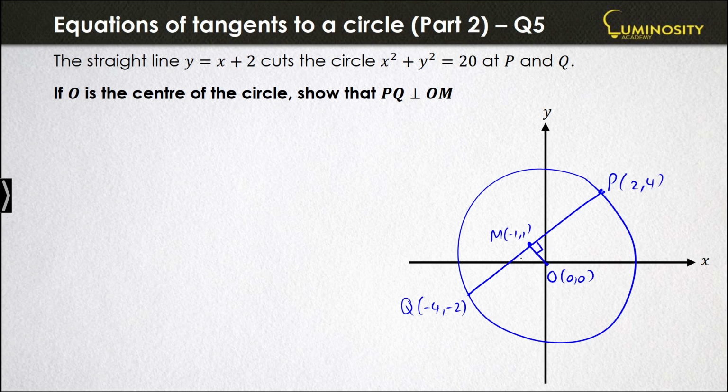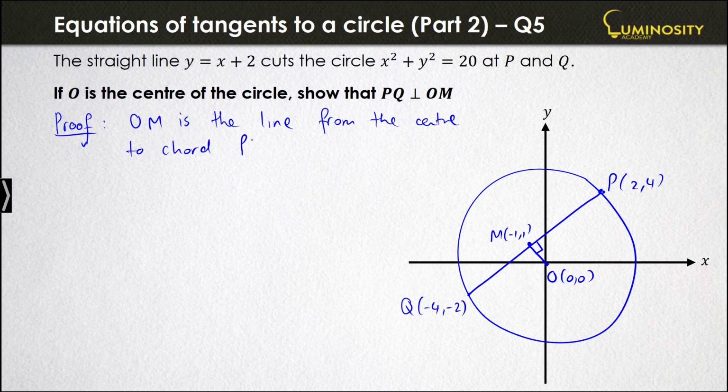And there's one of two ways we can prove it. So let's do the circle geometry method. So this is the geometrical interpretation. So here's the proof. We can show that OM is the line from the center to chord PQ such that, because M is the midpoint, by definition, that means QM equals PM.